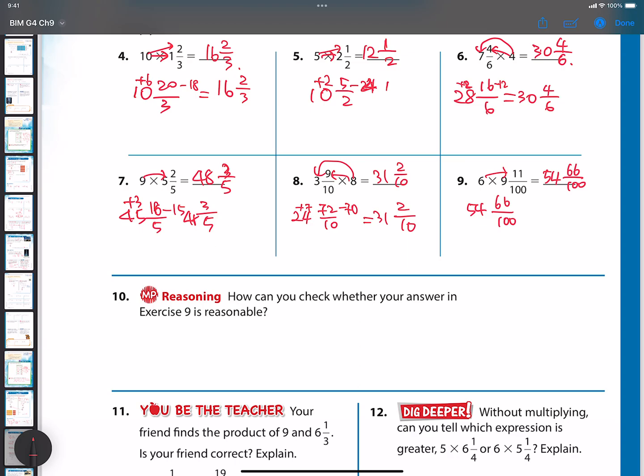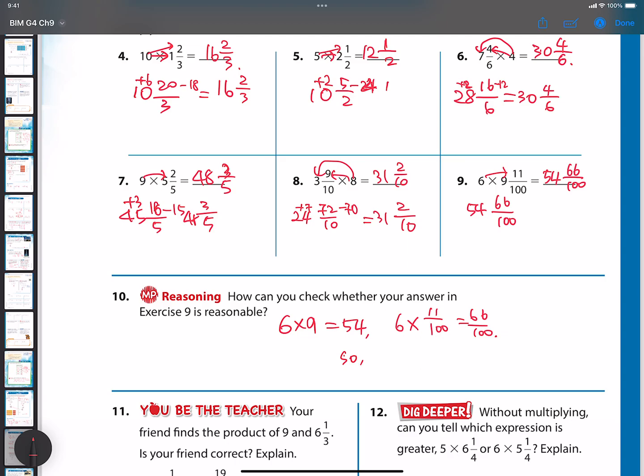Because 11 out of 100 is about like 1 out of 10. So it's going to be between 54 and 55, which is close. Make sense? Okay, so let's say 6 times 9 is 54. And we know 6 times 11 over 100 is 66 over 100.